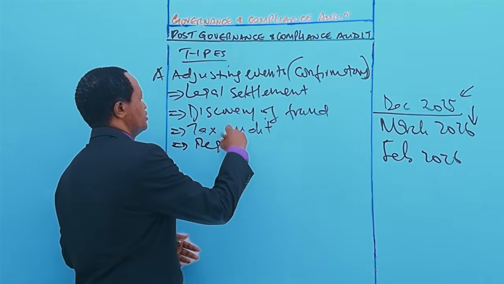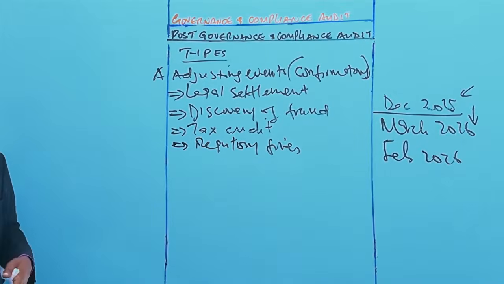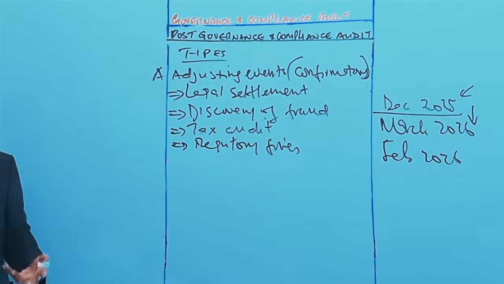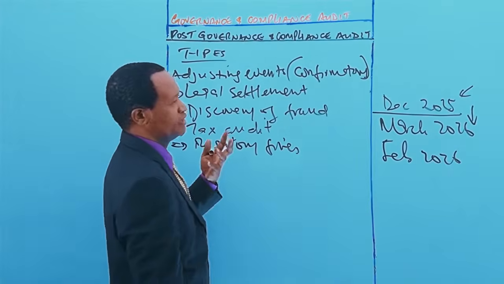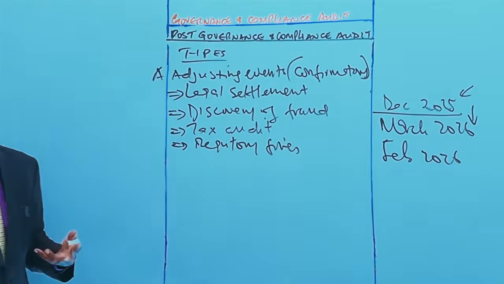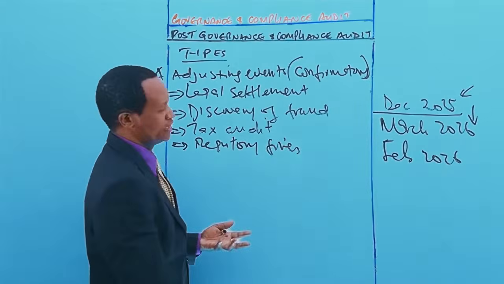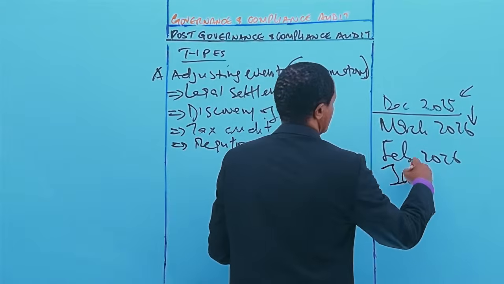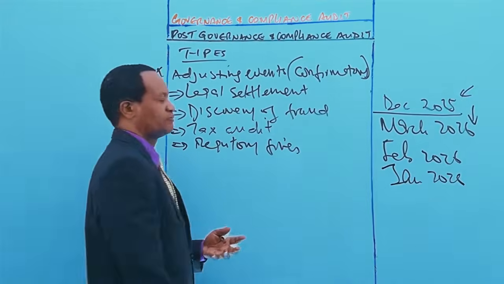Another example: receiving a formal penalty notice from the Office of the Data Protection Commissioner in, say, early January 2026. This is after the audit period.